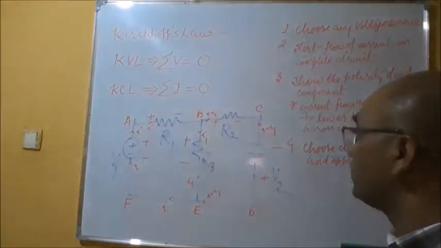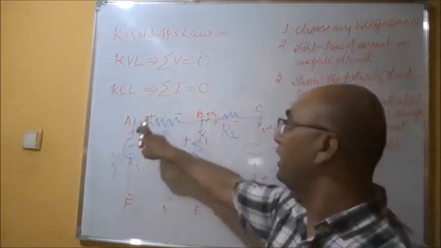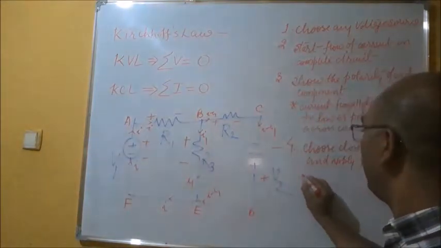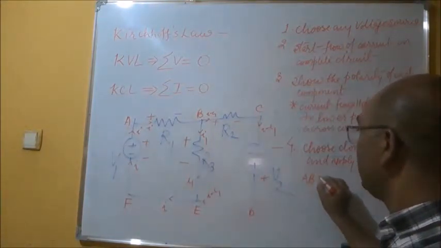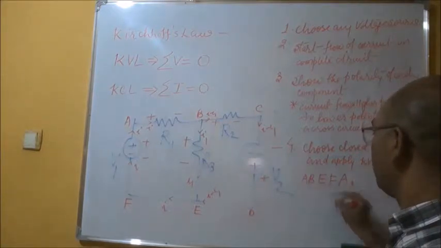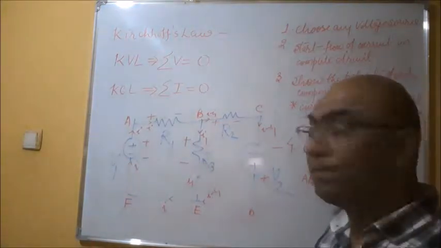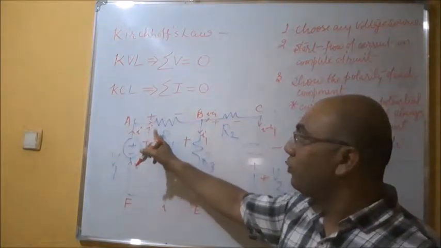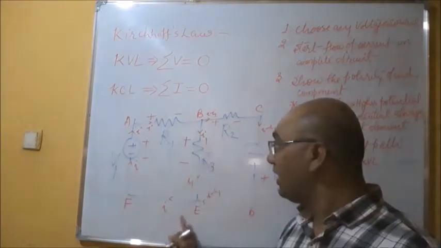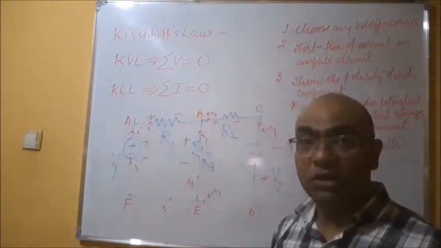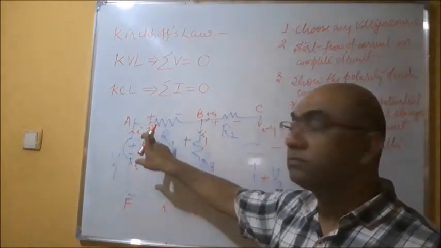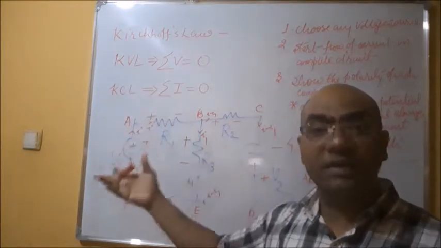First I am choosing the small loop A, B, E, F, A. In this loop A, B, E, F, A, we have one resistance R1, resistance R3 and voltage source V1. So what is the voltage across R1? The voltage is IR.